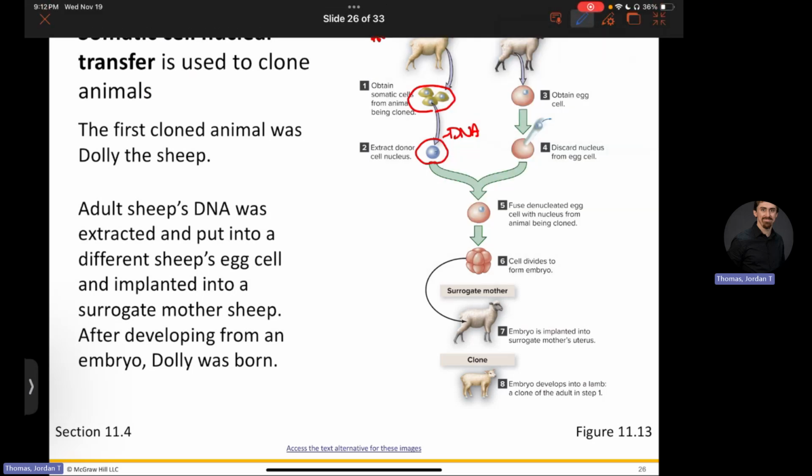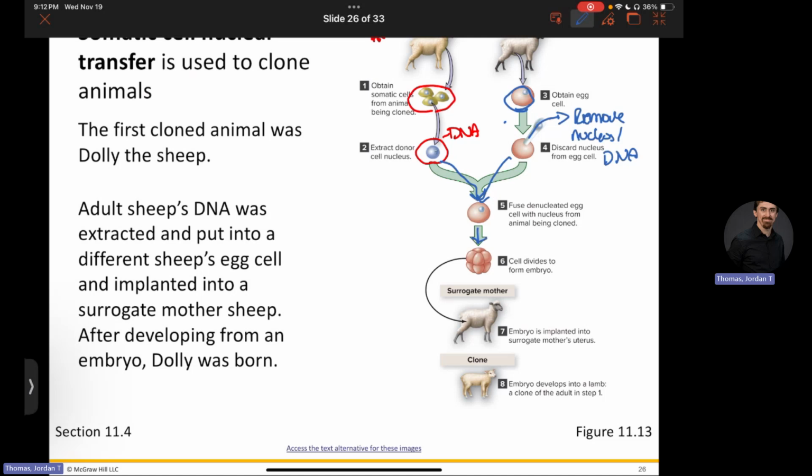On the other hand, we took an egg from another organism, another sheep, and we removed the nucleus, removed the DNA, and then we combined that DNA and the nucleus together to get a new cell that just has Dolly's DNA.